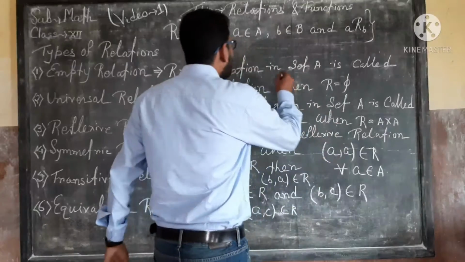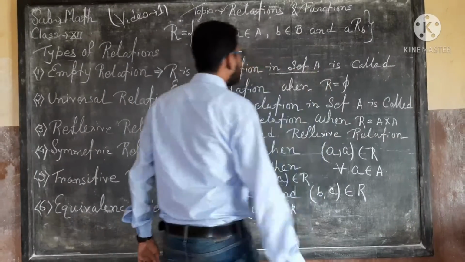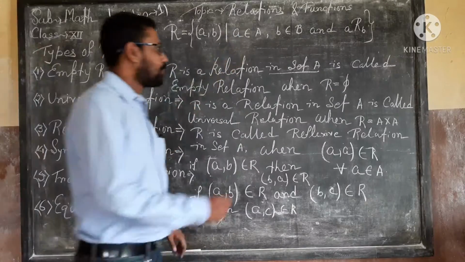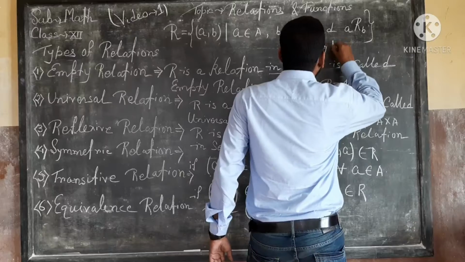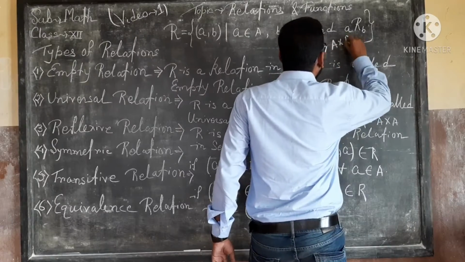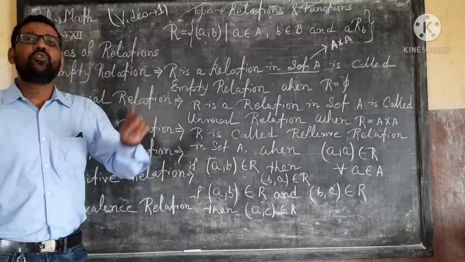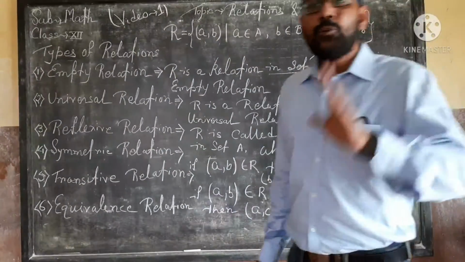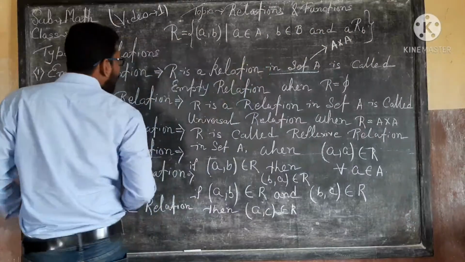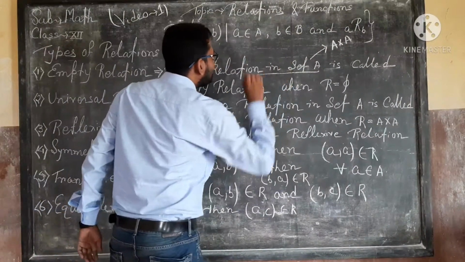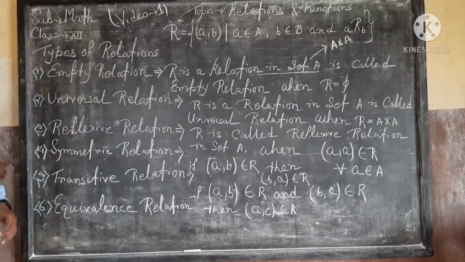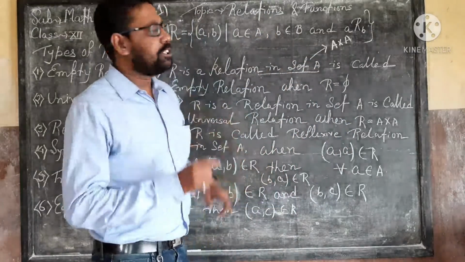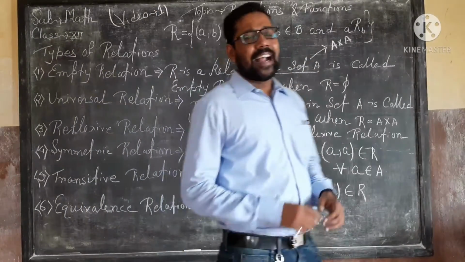And remember this sentence: R is a relation in set A. That means it is A cross A, or A to A. So R is a relation from A to A. This is the meaning of this particular line, in set A. So for the empty relation, R is equal to phi, the null set.